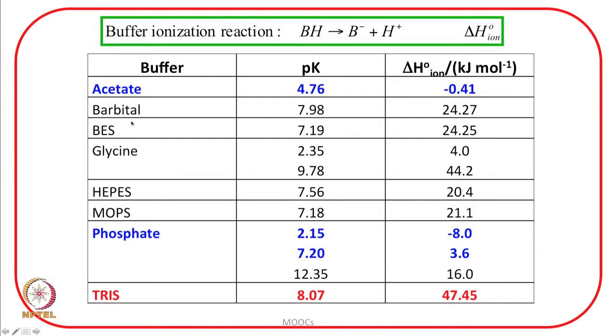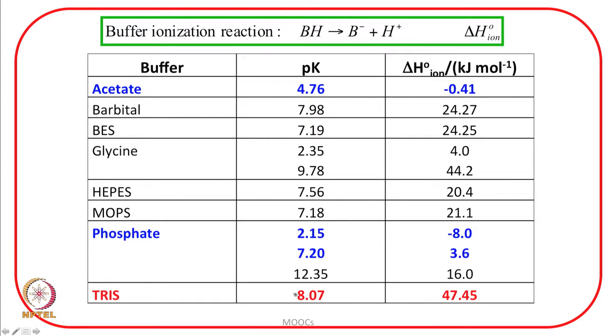If you look at barbital, the enthalpy of ionization is large, 24.27 kilojoules per mole. For BES also, the enthalpy of ionization is 24.25 kilojoules per mole. For HEPES, 20.4. Another possibility is TRIS.